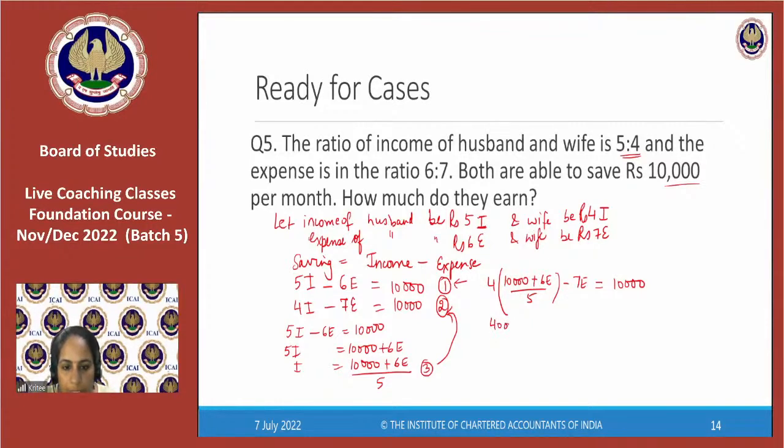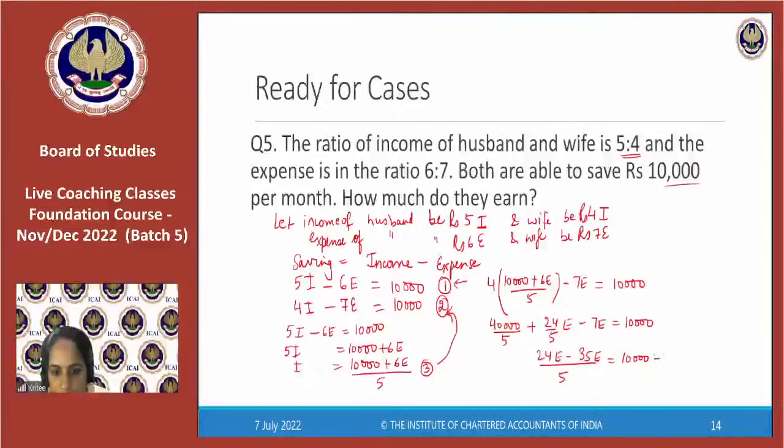This becomes 40,000 by 5 plus 24 by 5E minus 7E to be equal to 10,000. Solve this again. 8,000. So 24E minus 35E by 5 is equal to 10,000 minus 8,000.